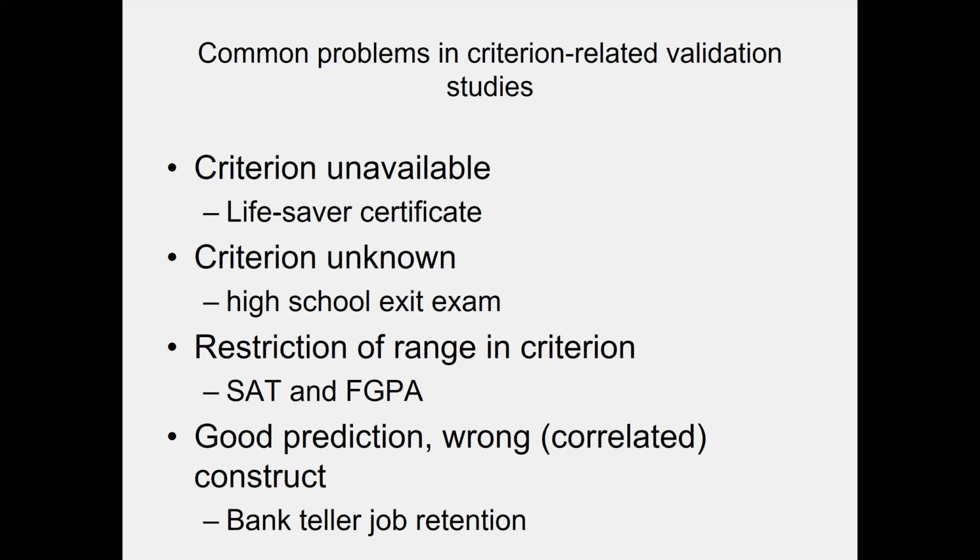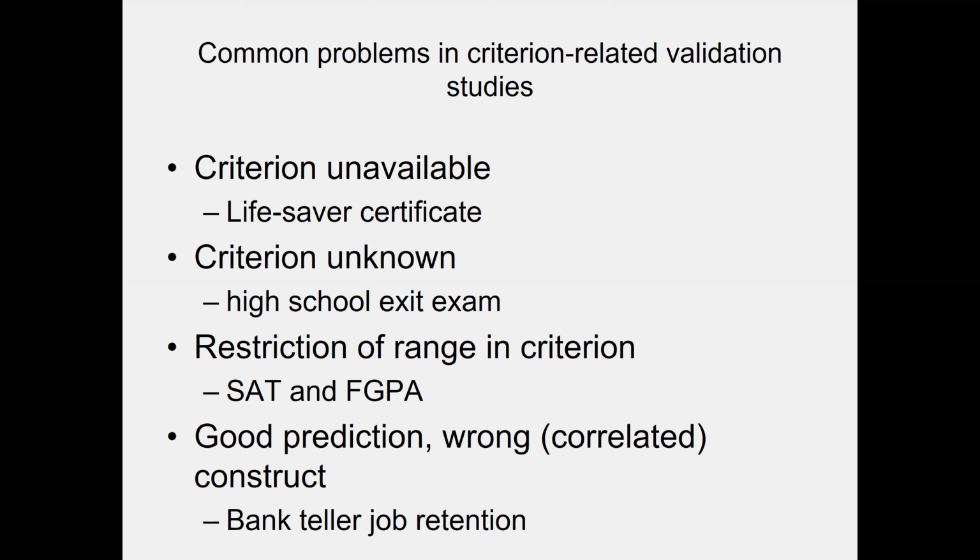Sometimes you have restriction of range in the criterion. So the SAT is almost entirely used to predict freshman GPA. And the problem with that is that we don't really know whether or not very low scores on the SAT predict very low freshman GPA, because people with very low SAT scores don't get into college.